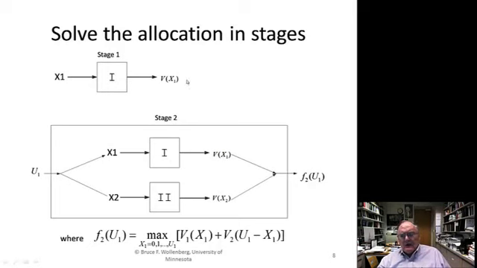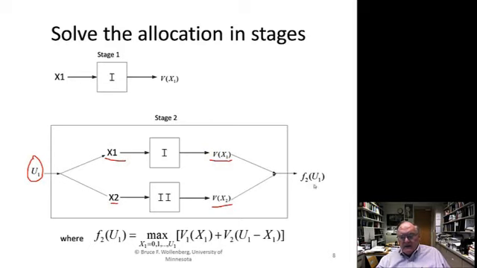stage 1 problem? And the idea here is to say, okay, look, I start out and I'm given U1, which is simply the total that I can allocate between x1 and x2. And again, if I allocate x1, I get v of x1 and v of x2.